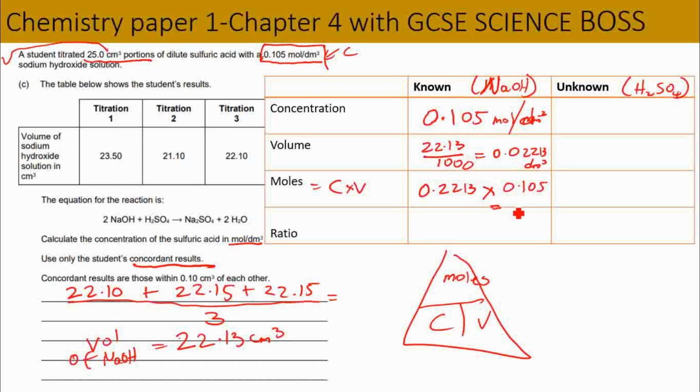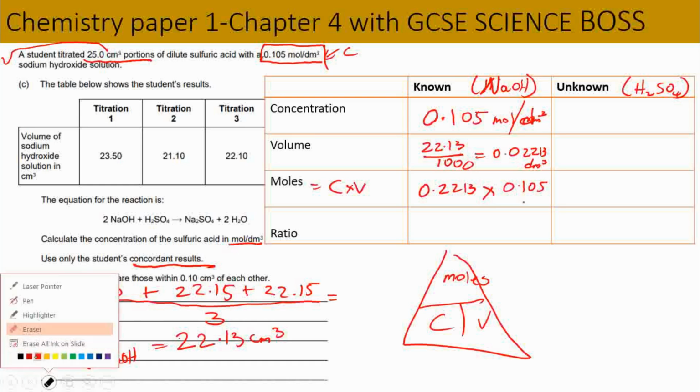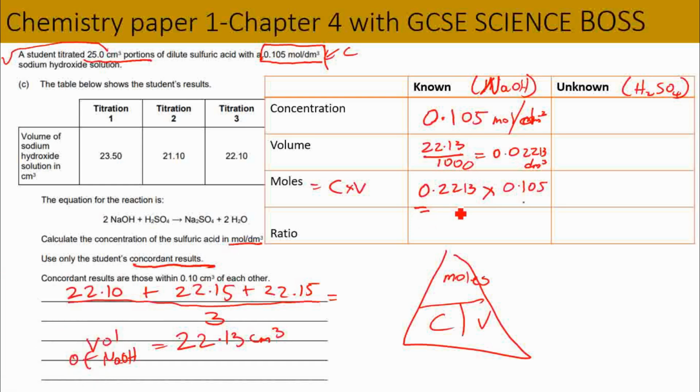If you've done all of that correctly, you should get an answer of 0.00234. Let me clear that and write it properly so that you can see exactly what we're doing here. So if you've done all of that, you should get 0.00234, or 2.324 times 10 to the minus 3.